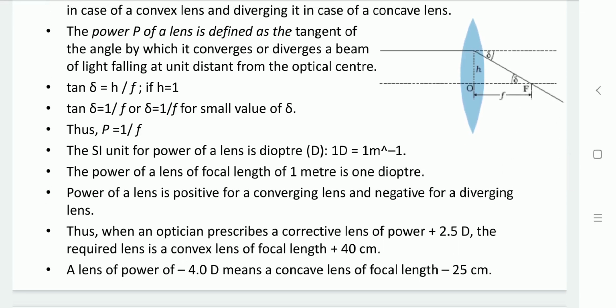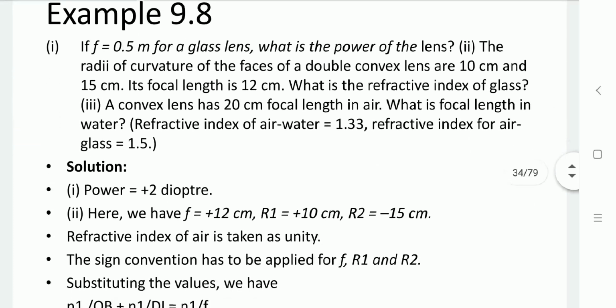So when an optician prescribes a corrective lens of power 2.5 diopter, then a convex lens with focal length 40 centimeter is required. And if he prescribes a power of minus 4 diopter, it means a concave lens having a focal length of minus 25 centimeter is required. Let us go through examples regarding it.